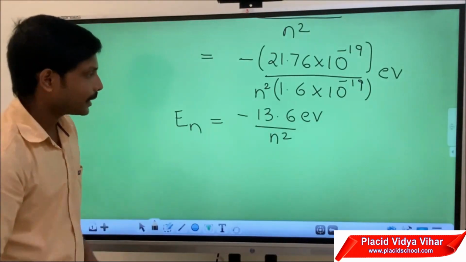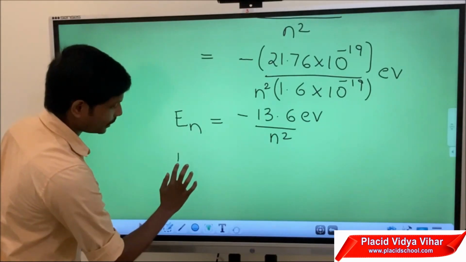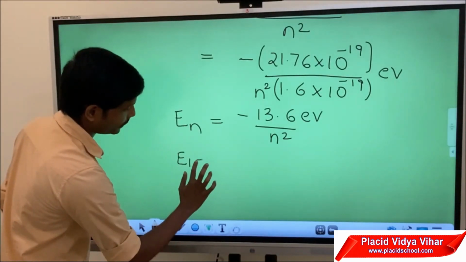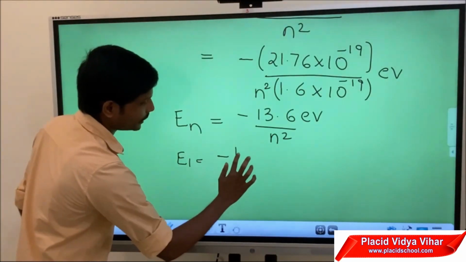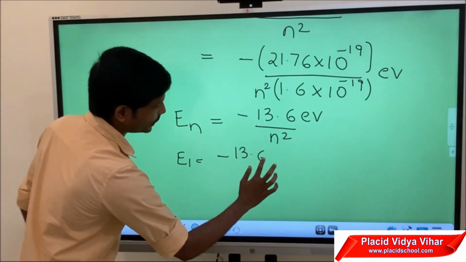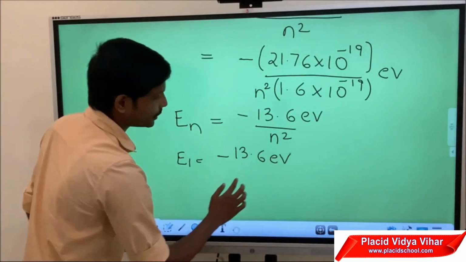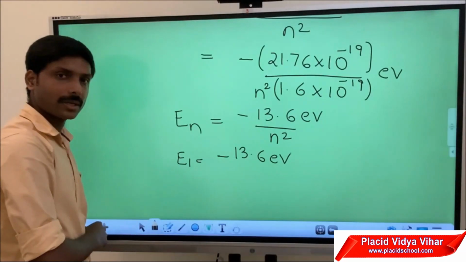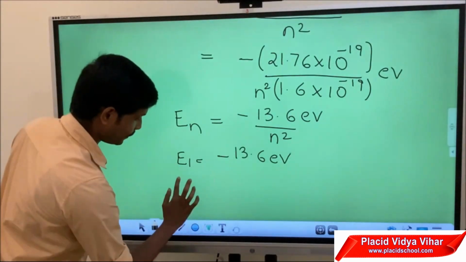Suppose we are calculating the energy of the first orbit, it will be minus 13.6 electron volts itself, because the value of n is 1.